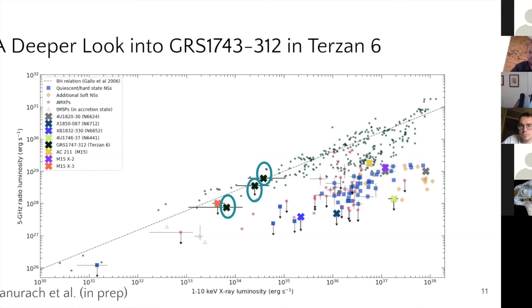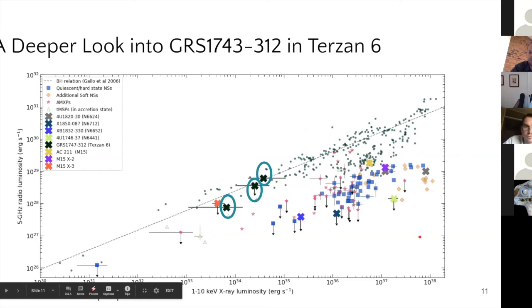I guess people like to compare both black holes and neutron stars. So I don't know, the more people add neutron star systems to this correlation plane, the more I see that there's just no correlation like there is for black holes.